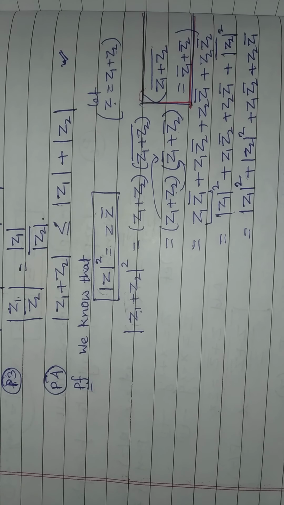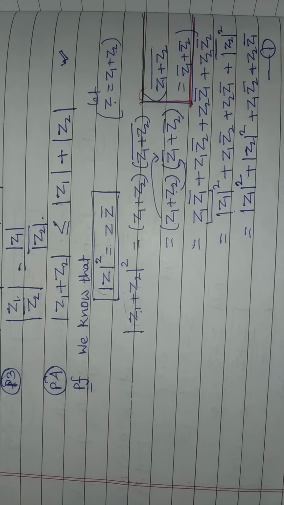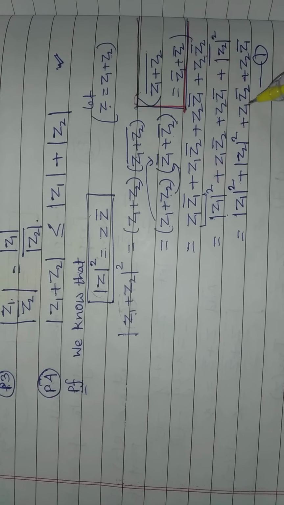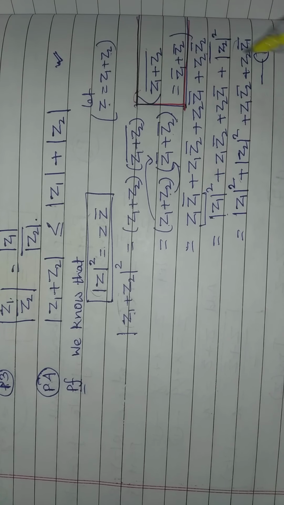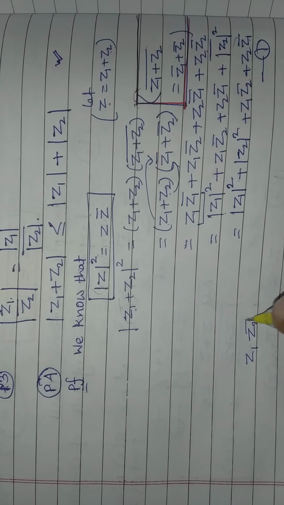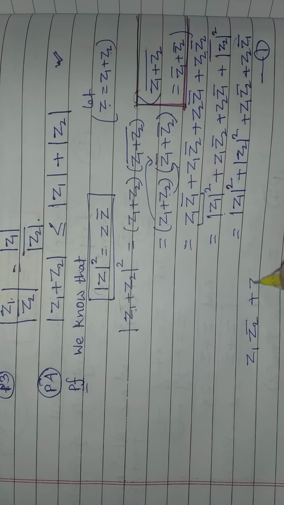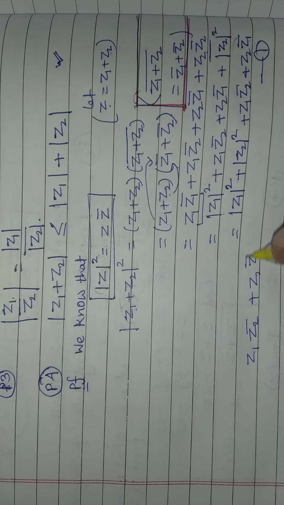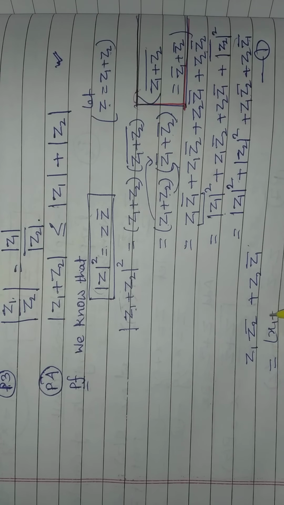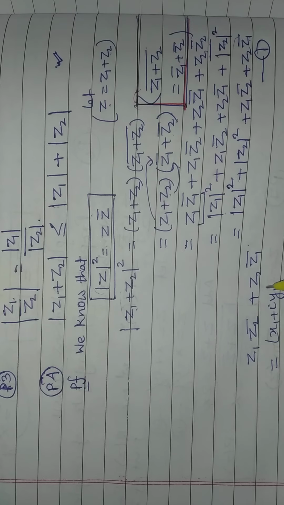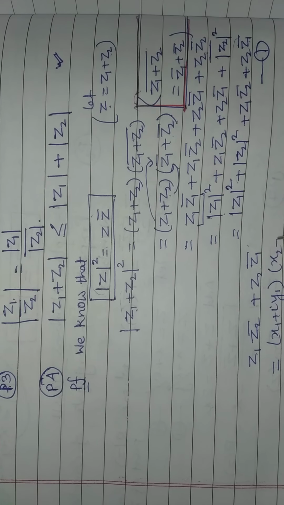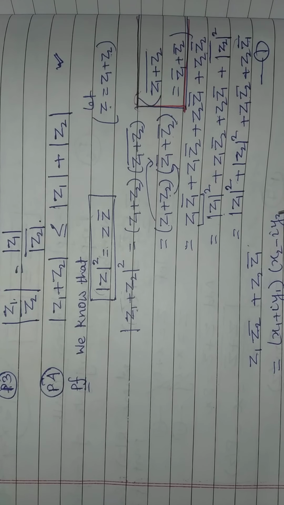Now we will see this, taken as 1. Here we are taking only these two terms, Z1 Z2 bar plus Z2 Z1 bar. Z1 is taken as x1 plus iy1, and Z2 bar is taken as x2 minus iy2.